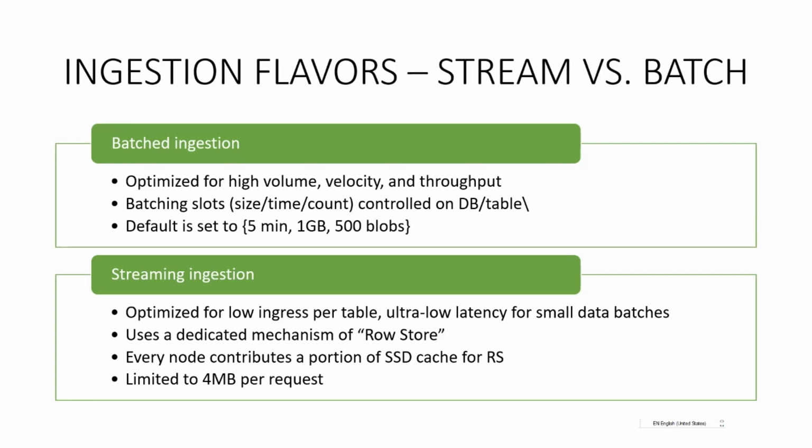If it's only a couple of records per table, or even thousands of records but into multiple tables, go to streaming. The guidance is most likely batching will provide you the best performance, but if you need a couple of seconds, near real-time performance, streaming is your answer.